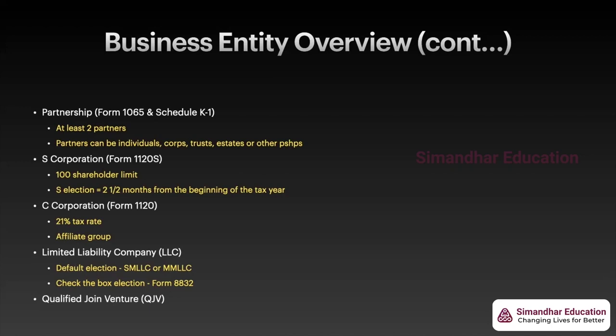So again, an affiliate group is when 80% or more of the corporation is controlled by a single shareholder, or through common ownership, either indirectly or directly. These affiliate groups tend to file a combined or consolidated return at the federal level. So suppose you had three corporations.